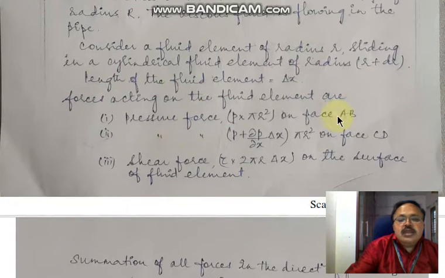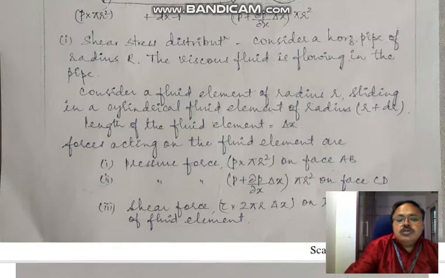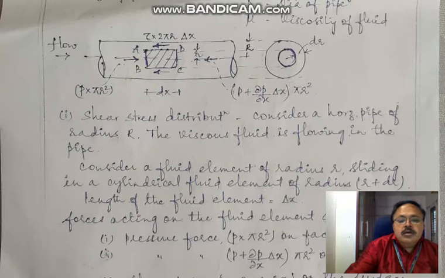Now the forces acting on the fluid element. In the direction of the flow I have the pressure force. Pressure is P, into the cross sectional area, that is pi r square.